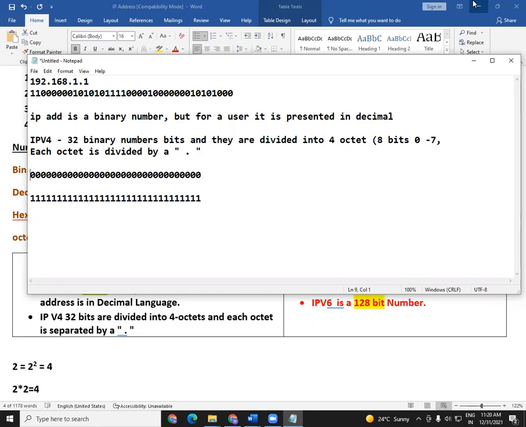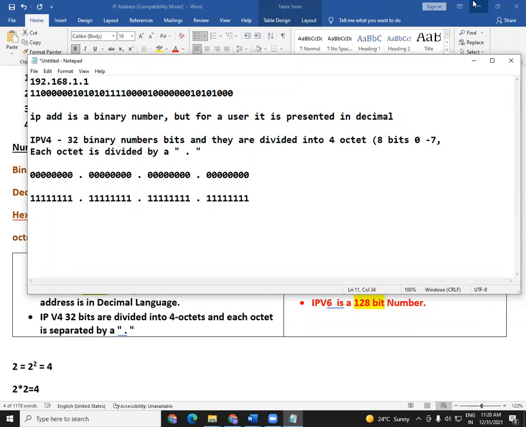So actually your IP address design is 8 bits, dot, 8 bits, dot, 8 bits, dot, 8 bits. See here how they are divided: 1 2 3 4 5 6 7 8, dot. That's it. This is the design of your IP address.